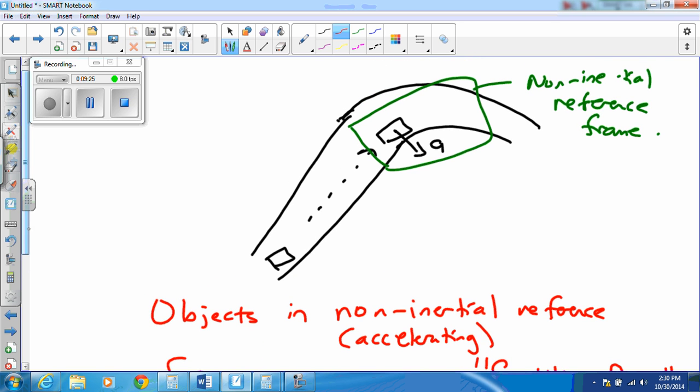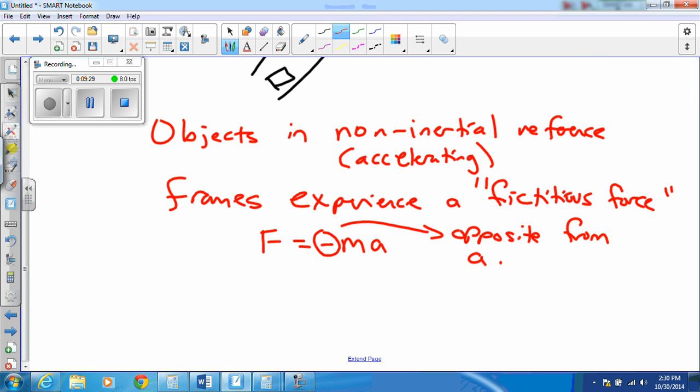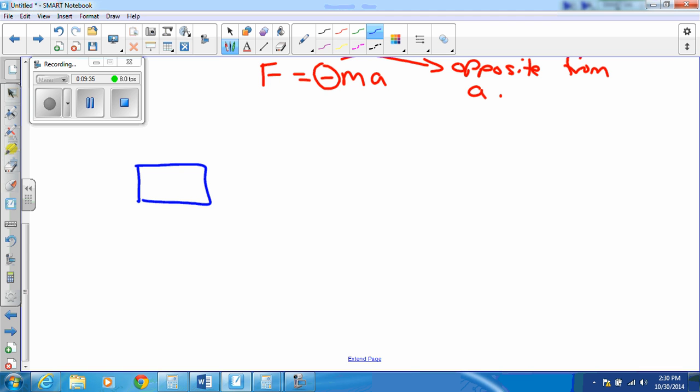Okay? So let me actually prove this statement like this. What we're going to do is analyze our motion from two different reference frames. We're going to put an object in a reference frame, and the reference frame is going to accelerate in this direction.